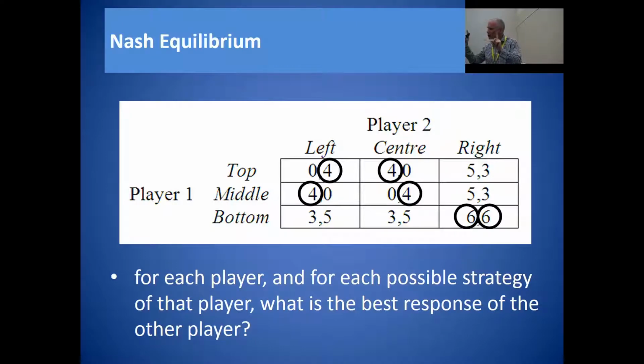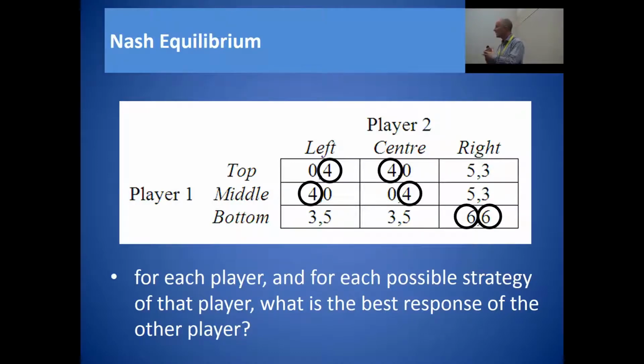So let's just reinforce this point. Let's look at player 1. That's our Nash equilibrium there. The payoff to player 1 is 6. He's getting that, and his rival is choosing to play right. So the question player 1 would ask himself is, given that my rival, player 2, is choosing to play right, would I wish to choose any other strategy apart from bottom?